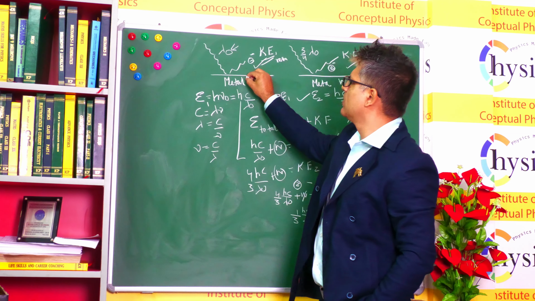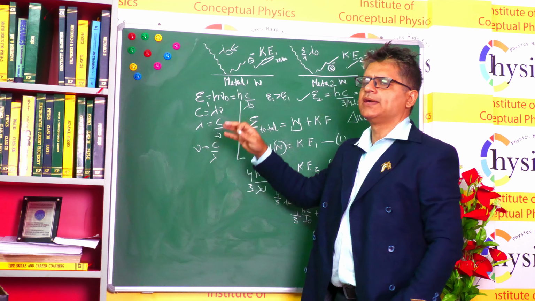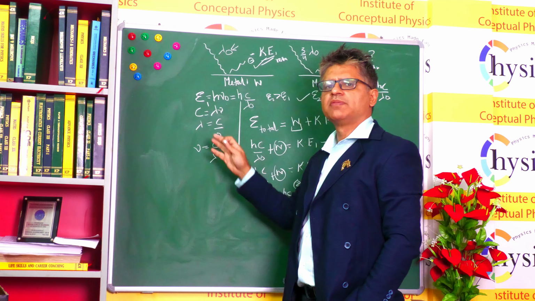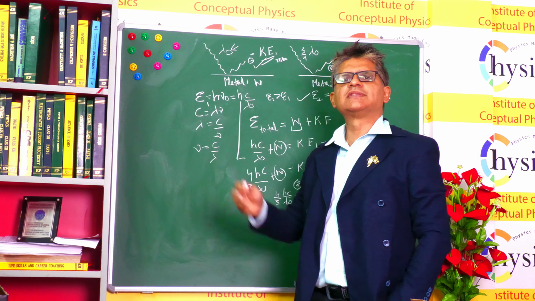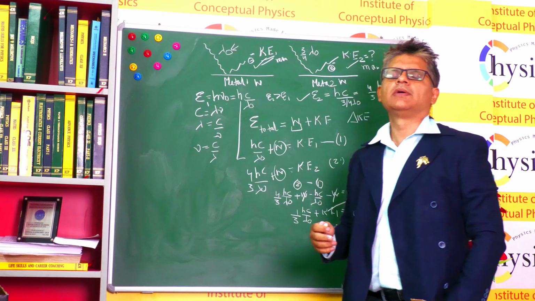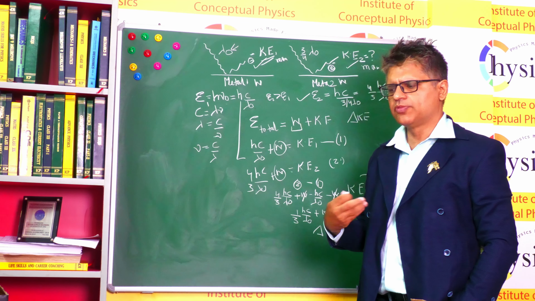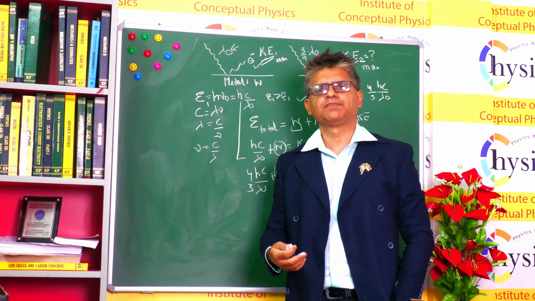So this is metal number 1 and this becomes metal number 2, and we are expected to calculate some parameter out of these when we are drawing a comparison between metal 1 and metal 2. Either the same photon frequency is getting applied or different frequencies getting applied. Some ratio, some parameter is to be asked.